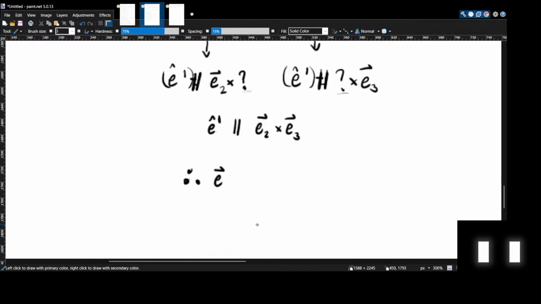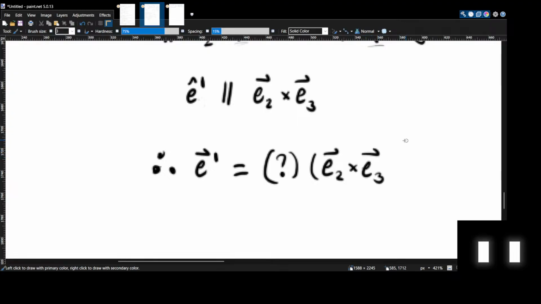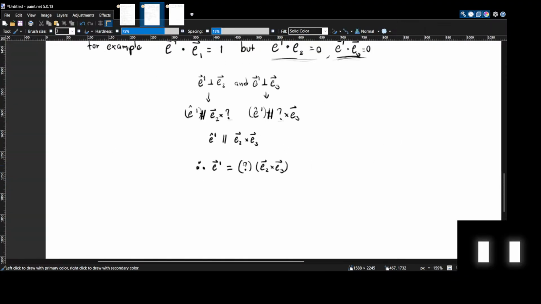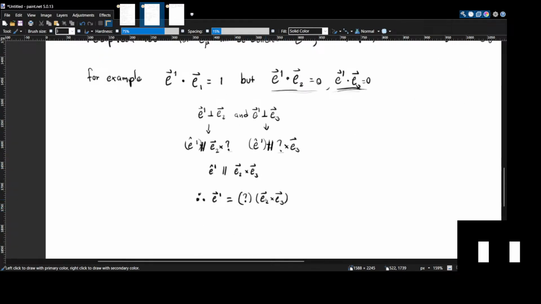So we can tell that E1, the reciprocal vector for 1, is going to be some scalar multiplied by the cross product of E2 and E3. So that is going to be our first condition being done.